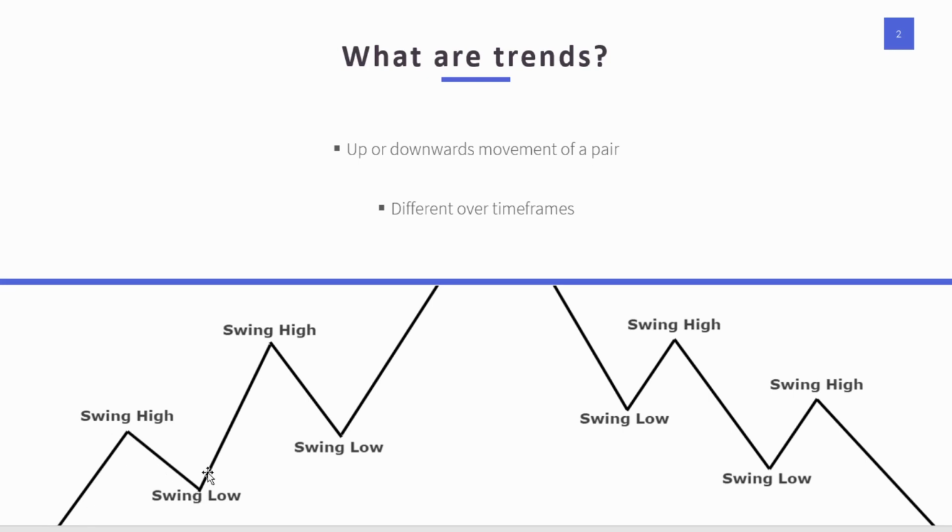It's a higher low, and then it's a higher high, higher low. Then you can see a broad trend. There are more things to see what is trend, but we'll get back to that later. And here you can also see a lower low, a lower high, a lower low, and a lower high, and you can see that it's downtrending.